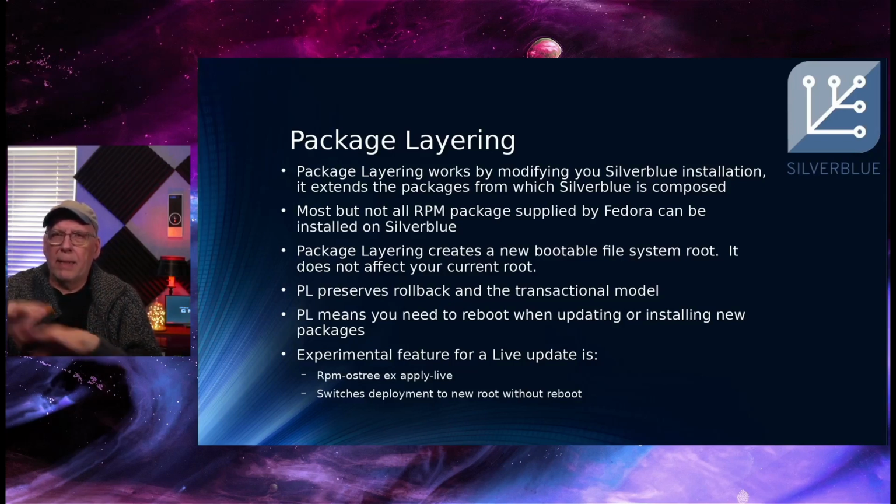I leave my base layer alone, and I make my changes in the next layer up. And then I boot into that particular layer, and if I want to roll back, I can simply select the one below it, and this one gets discarded. So you can do that, and that allows me to roll back, and it keeps me in a sort of transactional model for my packages.